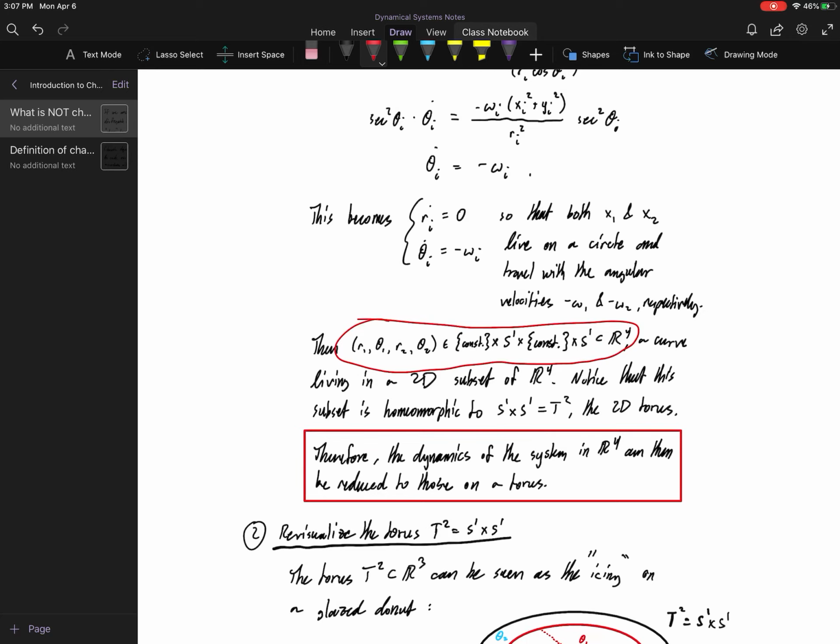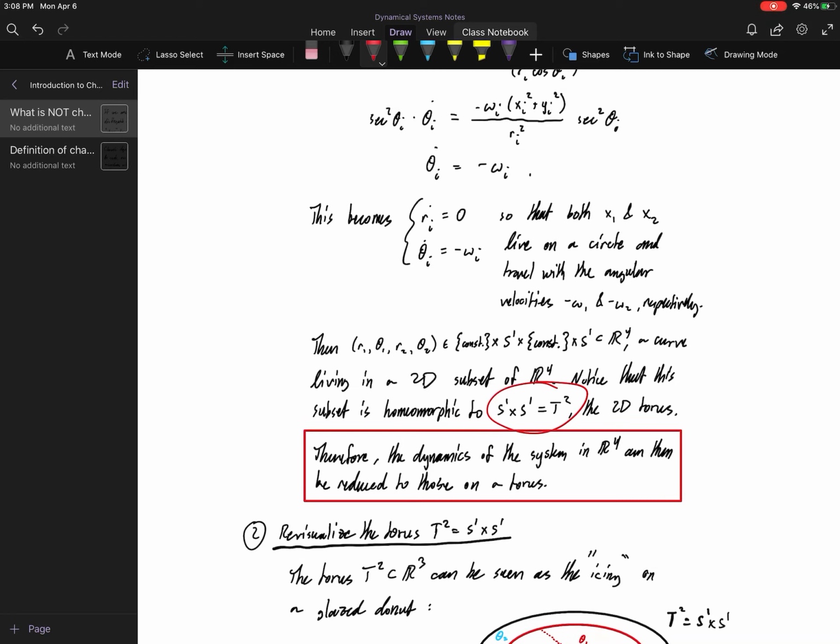So in this case, the dynamics have to occur on this subset of R4. Specifically, both the R1 and R2 variables must be constant, but the theta 1 and theta 2 variables live on a circle, S1. So constants really don't add anything to product sets, so I'm really just working on a copy of two circles working together. And actually, that as a product space is exactly the definition of a two-dimensional torus, right?